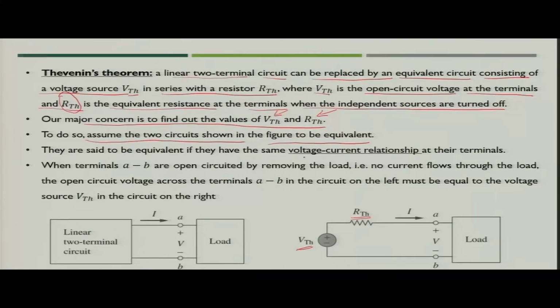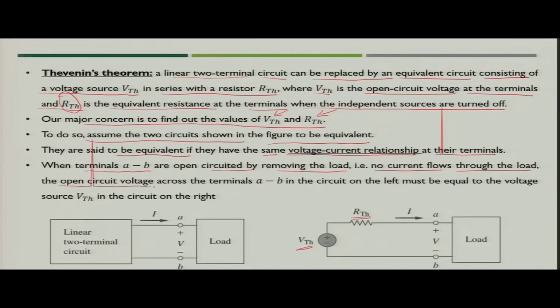You have to keep in mind that these circuits are said to be equivalent only when you have the same voltage-current relationship for both circuits at their terminals. Now, when terminal A is open circuited by removing the load, no current will flow through the load.